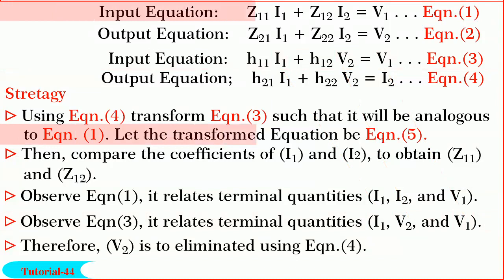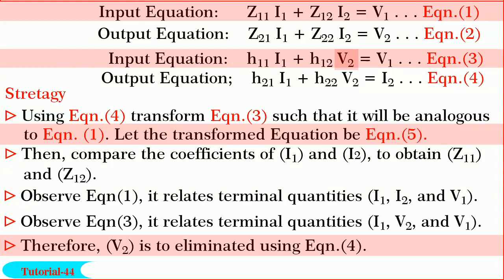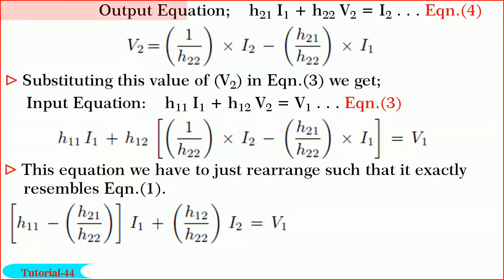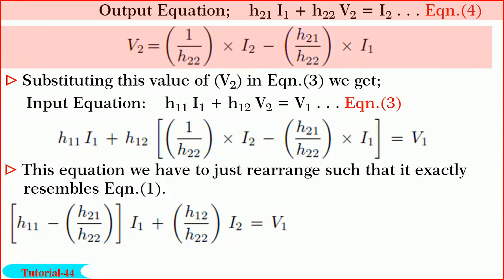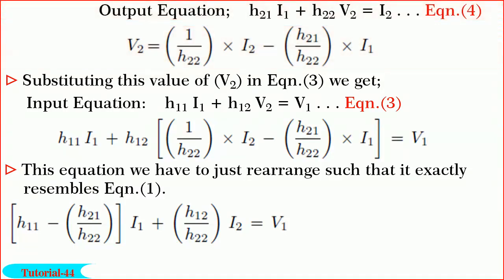Friends, for equation 1 and equation 5 to be analogous, we have to eliminate V2 in equation 3 using equation 4. So, consider the output equation 4. Rearranging it, we get V2 is equal to 1 divided by H22 into I2 minus H21 divided by H22 into I1.